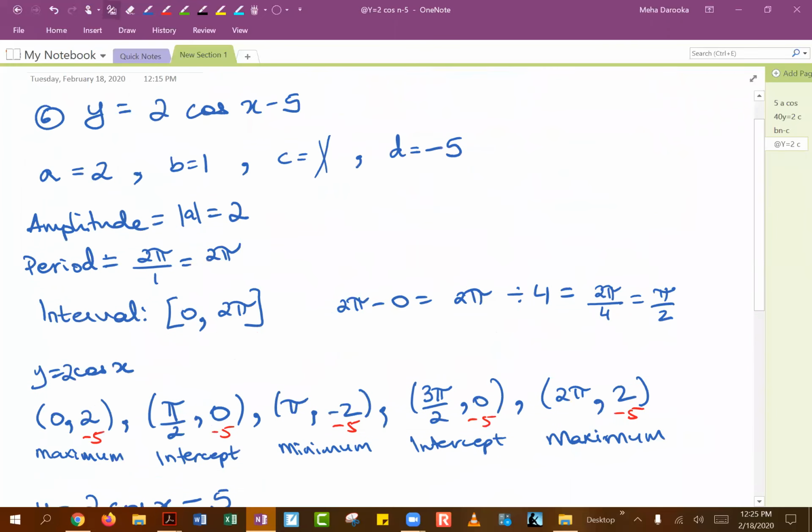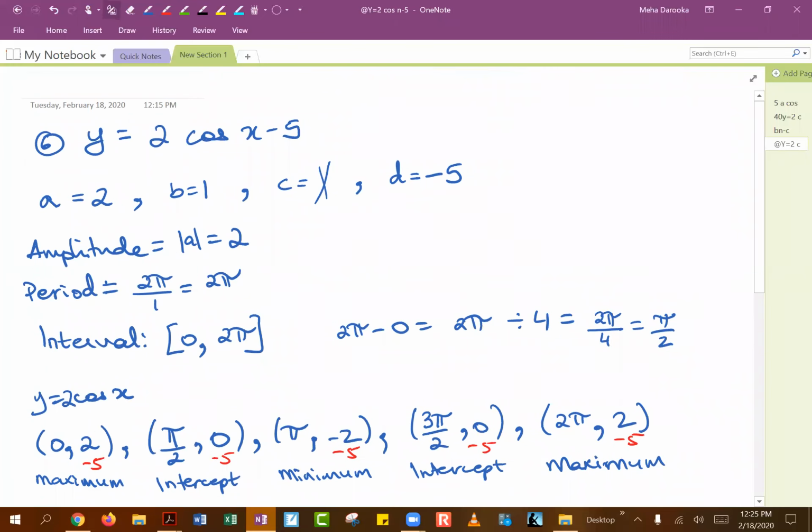No, because 0 technically means it's still a number, right? Which in this case, I guess it really wouldn't matter, but the only thing is you don't have that phase shift, right? Which means your graph actually hasn't moved horizontally in this case. So when you don't have that C value, that's why we were able to just take our 2 times cosine of x function and just move it down, right?